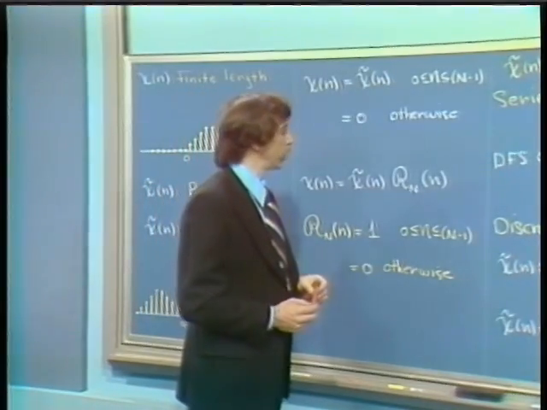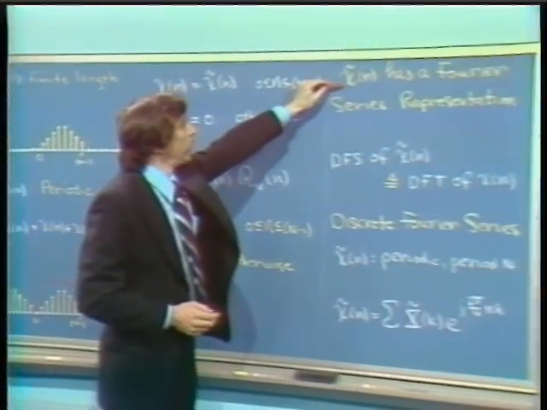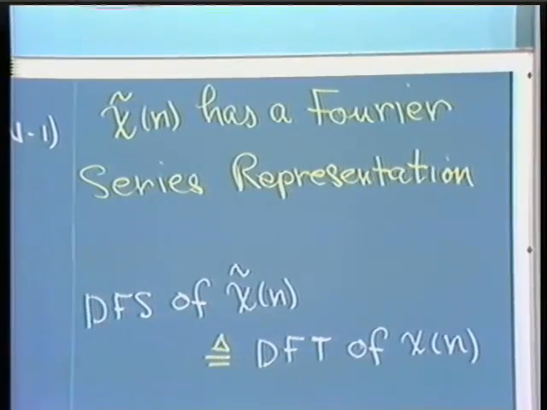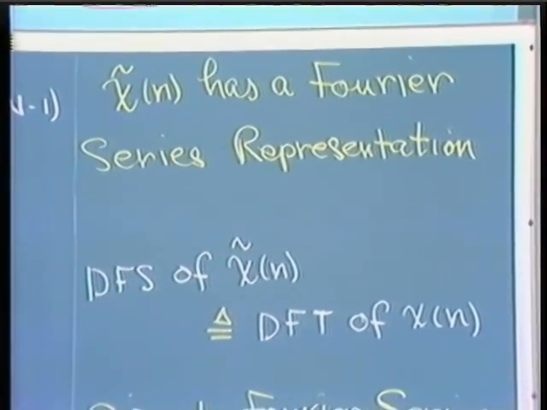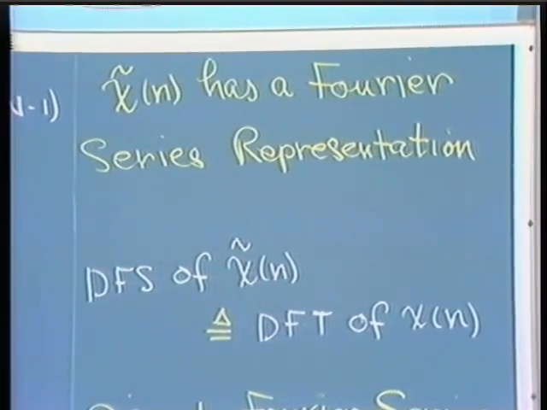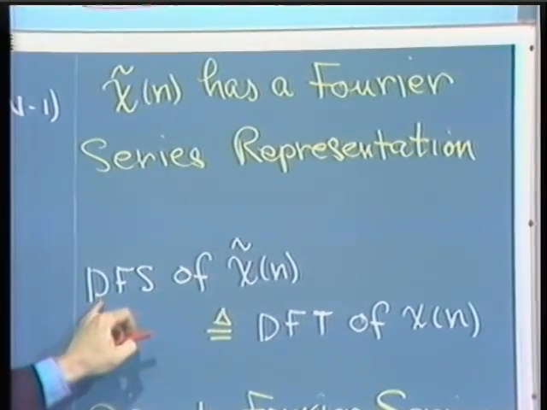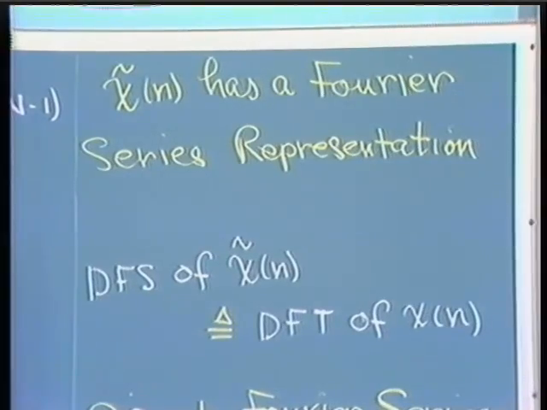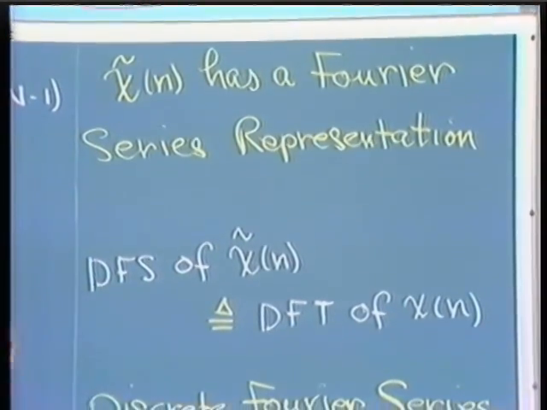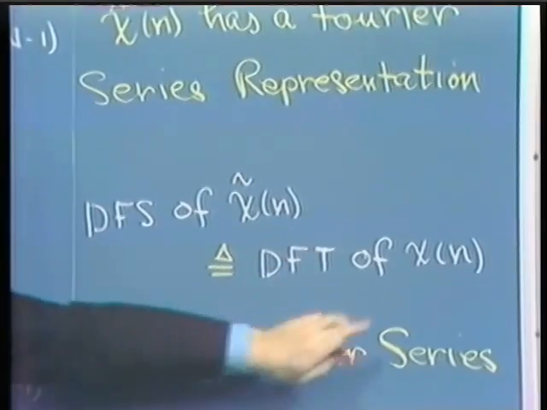So we have the notion then that the periodic sequence, x tilde of n, has a Fourier series representation. We can compute the discrete Fourier series of this periodic sequence. And as we'll see, not in this lecture, but in more detail in the next lecture, it is the discrete Fourier series representation of this periodic sequence that is what we'll call the discrete Fourier transform of x of n.